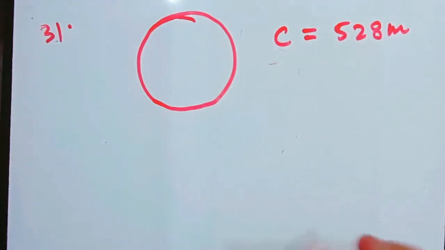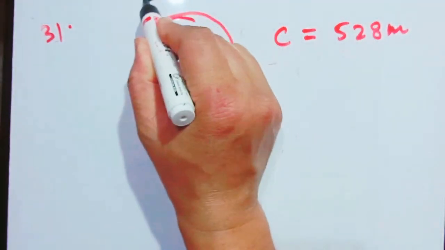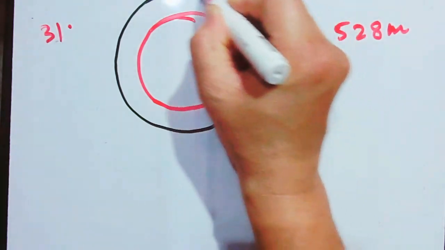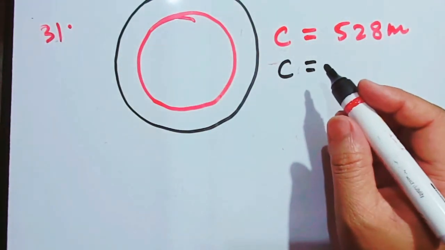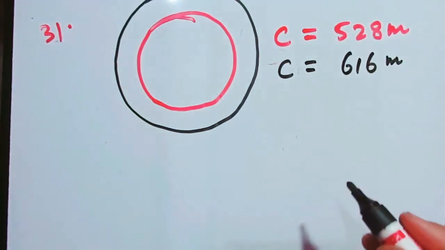Very good. And the outer circumference, this one, the black one, is equal to 616 meter. Find the width of the track.